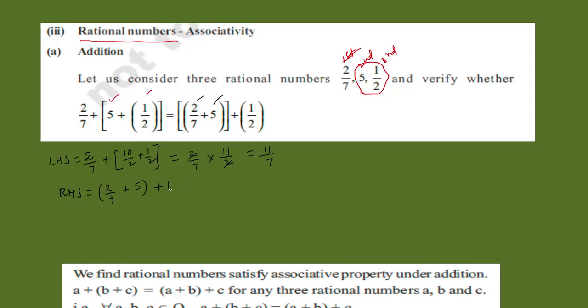Then we add the third number, that is 1 by 2. Here the denominator is 7; here there is no denominator, that means 1. So 2 by 7 plus, you multiply 5 by 1, both numerator and denominator by 7. Then what we got? 35 by 7.